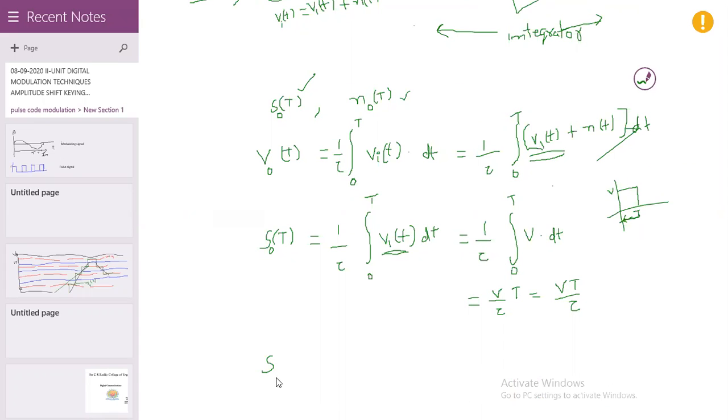S naught of t is the voltage signal at the output of the receiver, that is VT by tau.